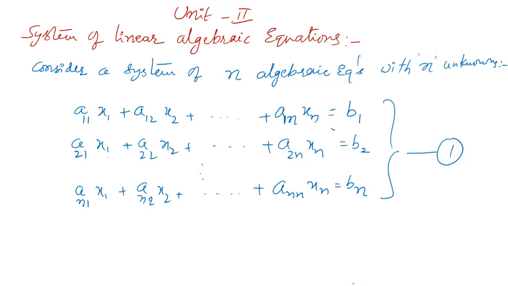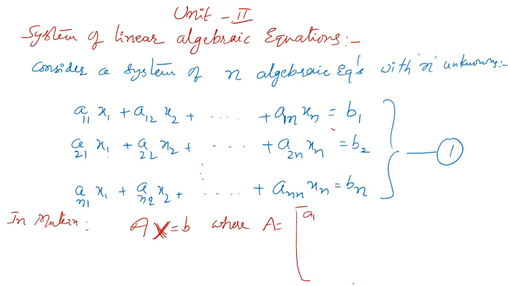So why have we written a11, a12, a1n? Because this system can be written in matrix form as Ax equal to b, where A is an n by n matrix. How to write this n by n matrix?